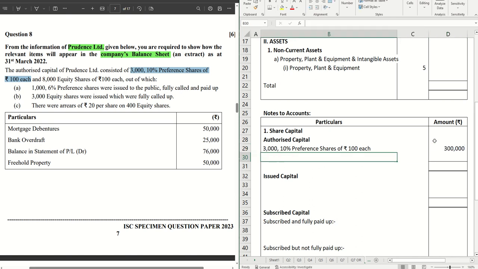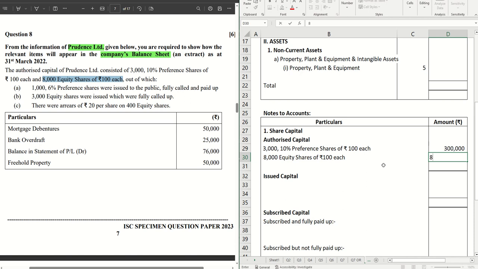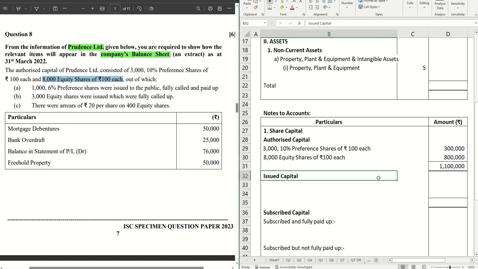Similarly, we will mention the equity shares, which is 8,000 equity shares of rupees 100 each, which is 8 lakhs, and the total we will do here, which is 11 lakhs. And as you know, this is only for information purpose. This doesn't reflect in the main balance sheet, so we leave it here.